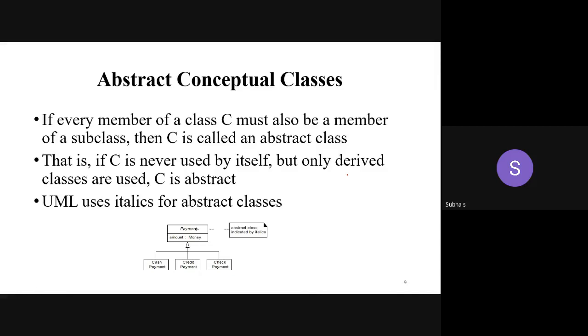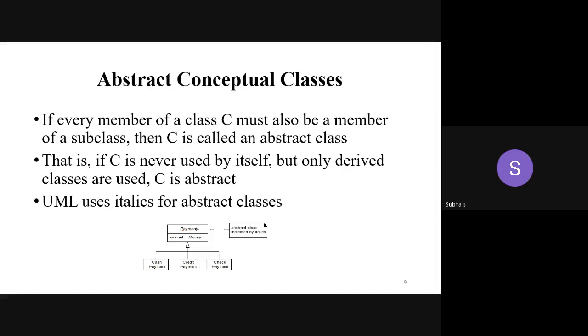So look at the definition. If every member of a class C must also be a member of a subclass, then C is called an abstract class. That is, if C is never used by itself, but only the derived classes are used, then C is called an abstract class.